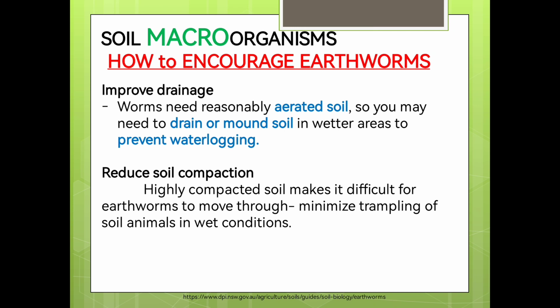And we need to reduce soil compaction because highly compacted soil makes it difficult for earthworms to move through. And by doing that, to minimize the trampling of the soil by animals in wet conditions. So, yung pagtapak-tapak ng mga animals in wet conditions has to be also limited para maiwasang makompact ngayon yung lupa.